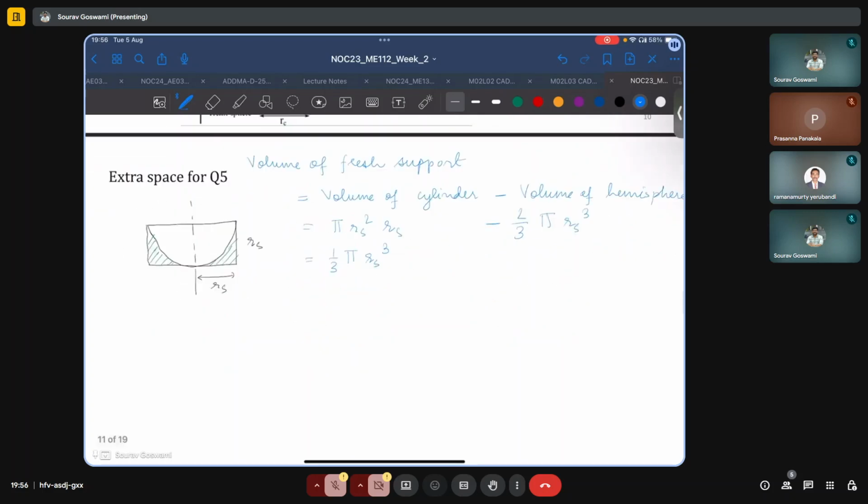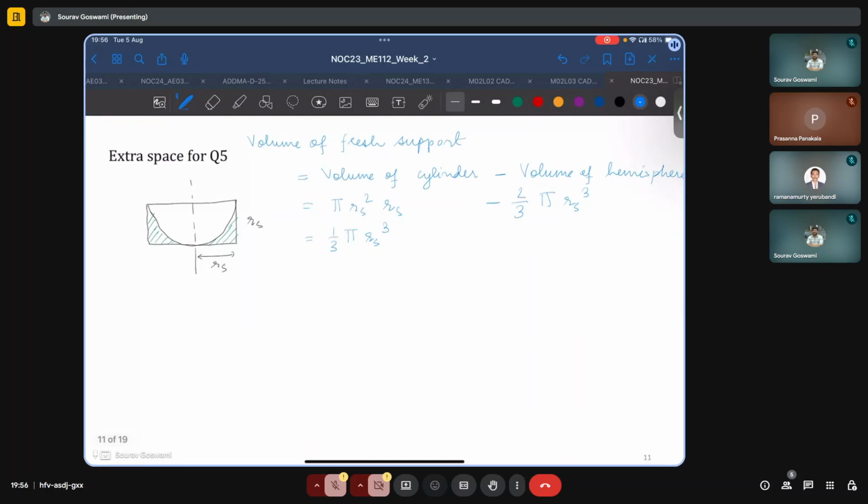Now let us find the volume of the stale support. Again, let us just draw a simple schematic to understand what is the volume we are trying to find. And of course, inside we have the region which contains this sphere.